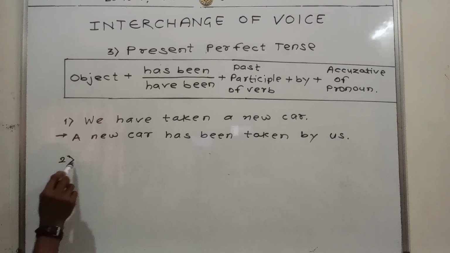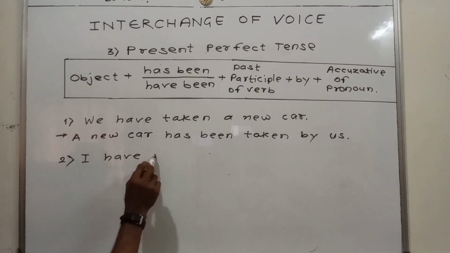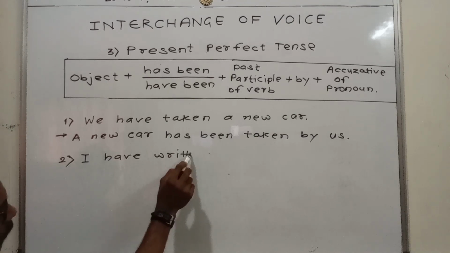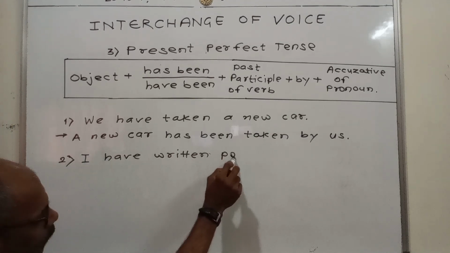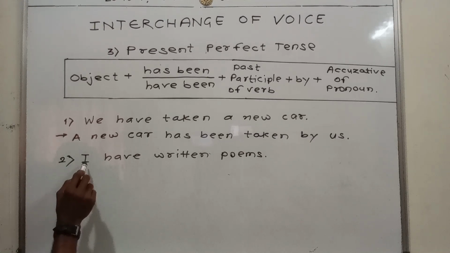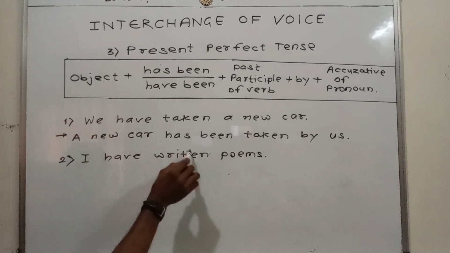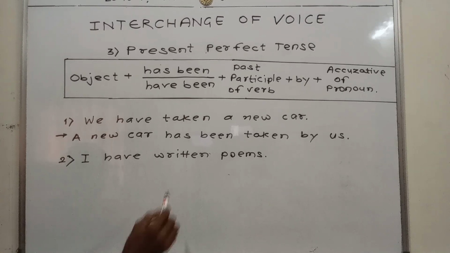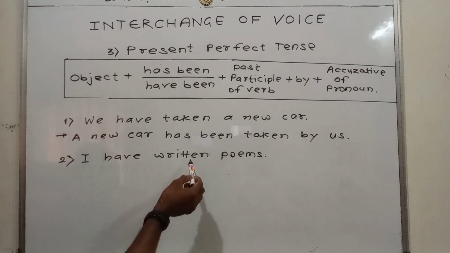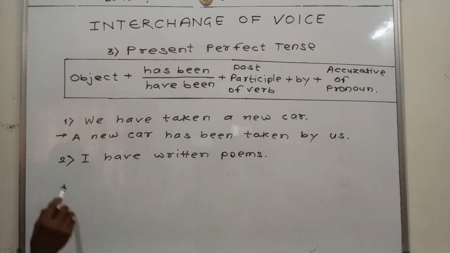Then next, I have written poems. Now here I subject, have auxiliary verb, written past participle, this is main verb, and poems is object.